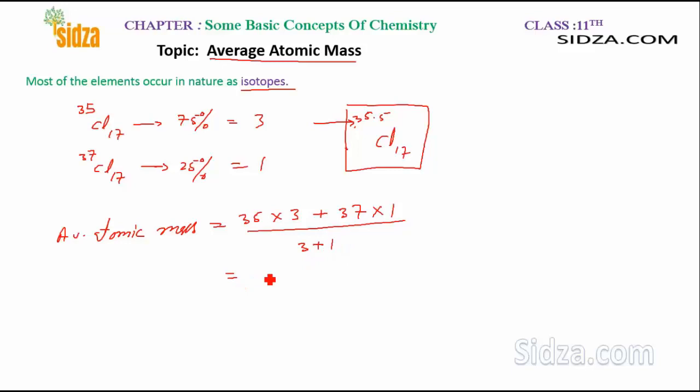So it will come out as 105 plus 37 divided by 4, that is 142 by 4, which is equal to 35.5 atomic mass units, AMU. So that means 35.5 is the average atomic mass of chlorine.